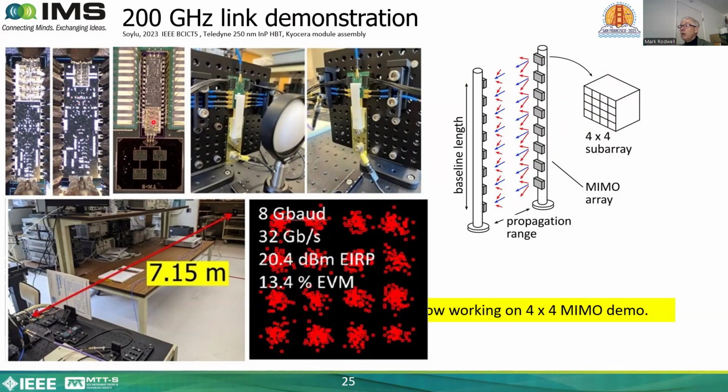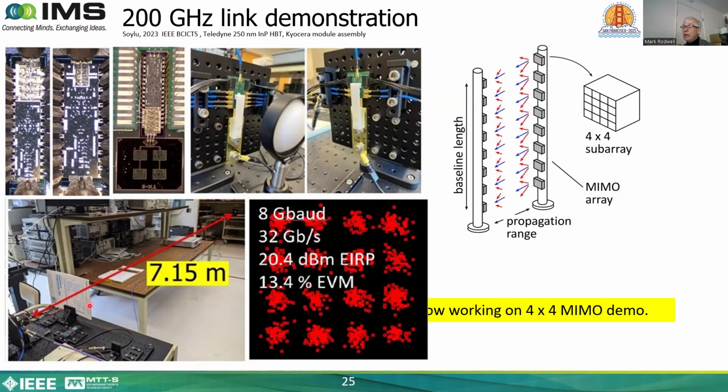To radiate the signal, these are wire bonded at 200 gigahertz to arrays of patch antennas on a fused silica substrate that radiates the signal into space, where it is collimated by Teflon lenses, setting the primary aperture gain. We're doing link demonstrations, in this case at a range of 7 meters, constrained by the size of the room.